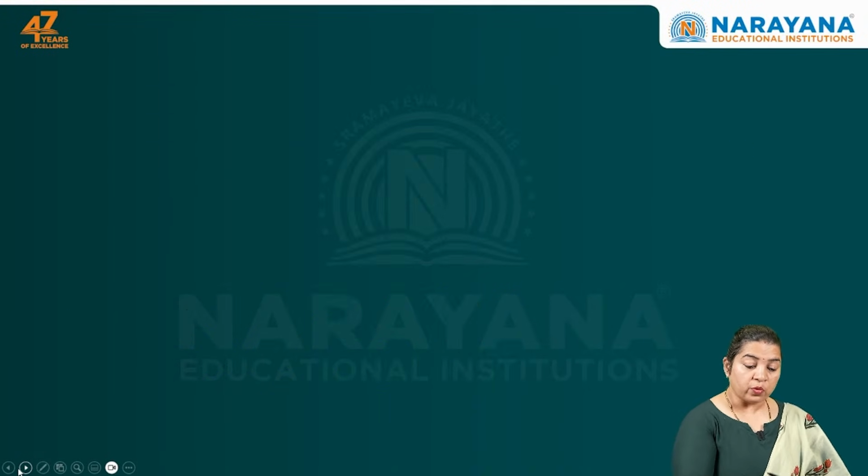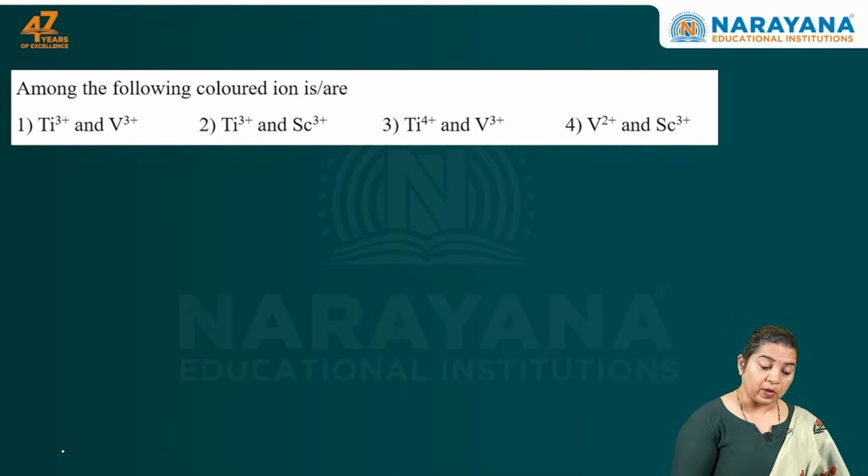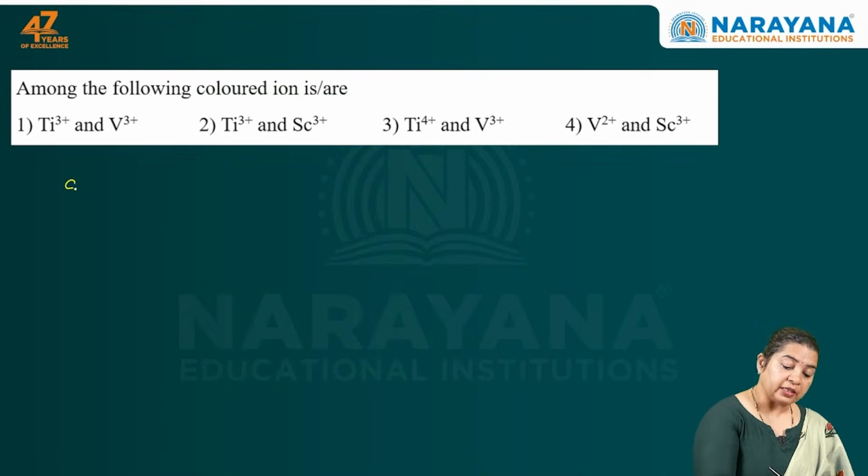Okay. Moving to the next question: among the following, the colored ion is and are, again from the d block. Let me write the atomic configurations. Scandium, titanium and vanadium are asked. Scandium has atomic number 21, right.